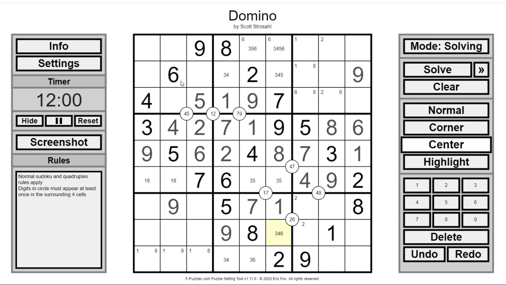Alright, let's look at 5s then. See. That's it with 5s. What about 4s?